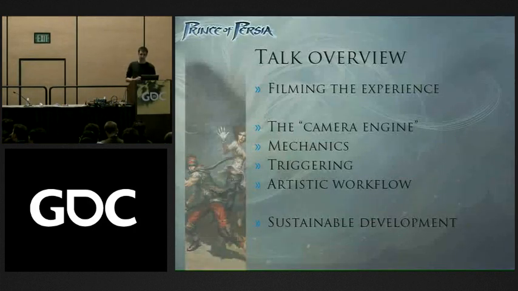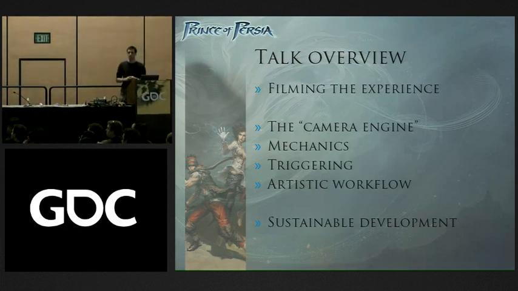you have a better idea of what it implies. So the presentation is going to be organized this way. First, I'm going to talk about what were our needs for Prince of Persia. So filming the experience is going to explain what we wanted to achieve with the Prince of Persia camera features. Then I'll talk about the camera engine, which is a bit different than a simple camera system.